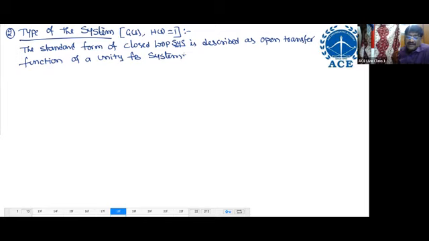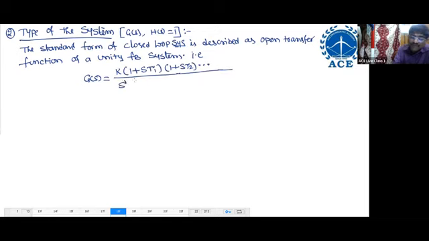Unity feedback system. That is G of S equal to K into 1 plus S tau 1, 1 plus S tau 2, and so on, divided by S power n into 1 plus S tau a, 1 plus S tau b, and so on.